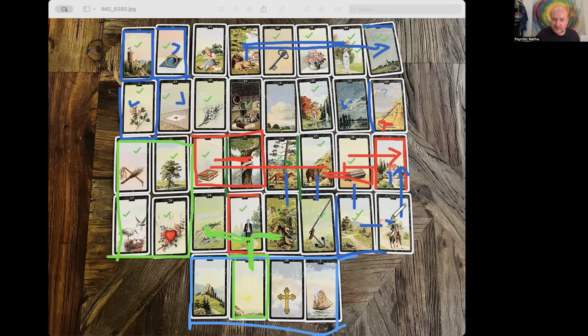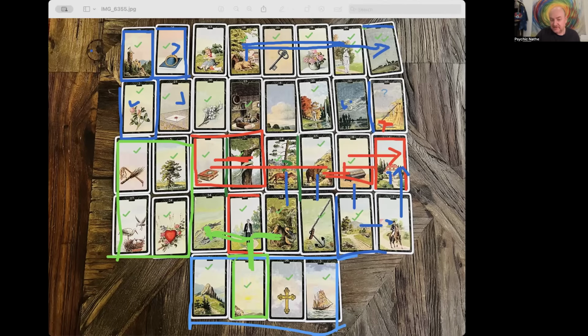I wanted to talk about the cartouche. The mountain tells me that there are challenges ahead of him, but he has a very strong energy. The cross tells me that it's stress and worries, so he knows exactly what his opponents are doing.